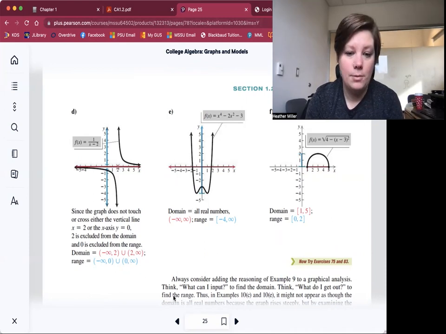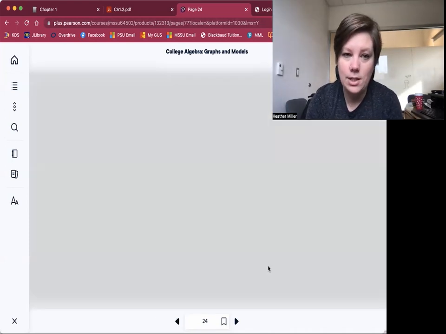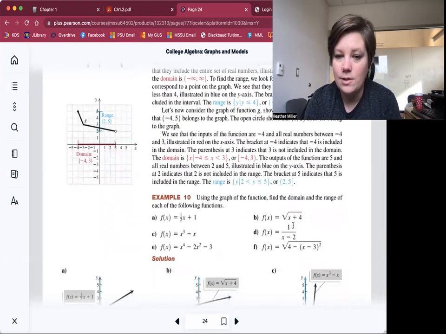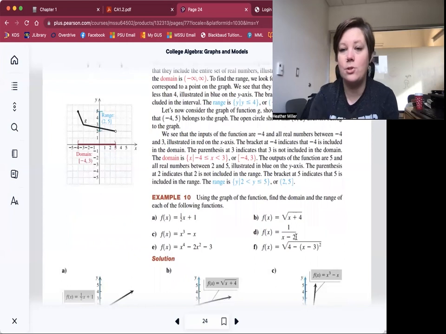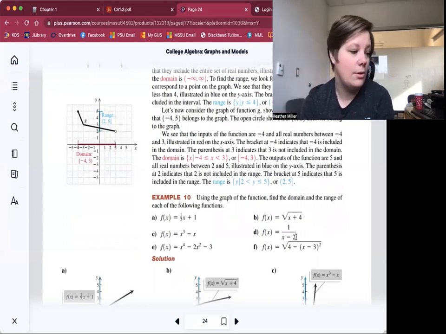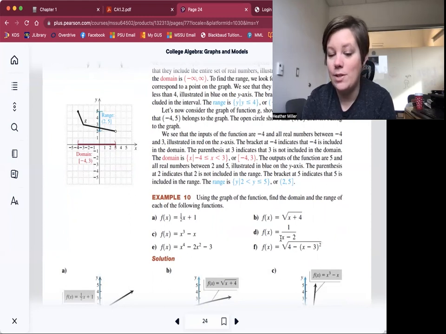Okay, let's go back so we can see what D is. D, we have f of x equals 1 over x minus 2. So this is exactly like the one we just did earlier in the notes, where we can't have 0 in the denominator. So we have to set that x minus 2 equal to 0 and solve. We do that and then we find that x equals 2.